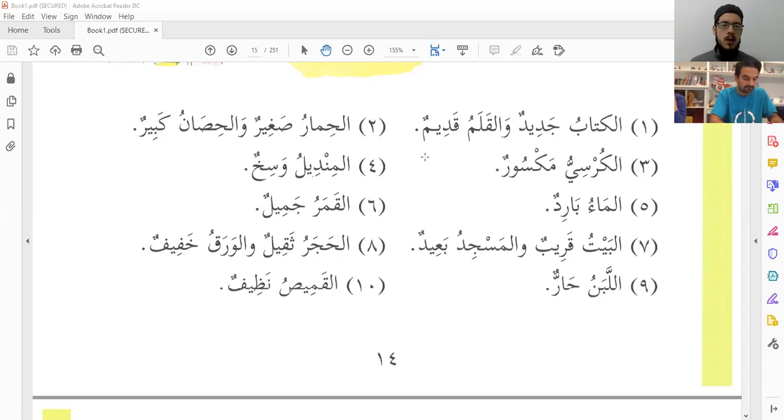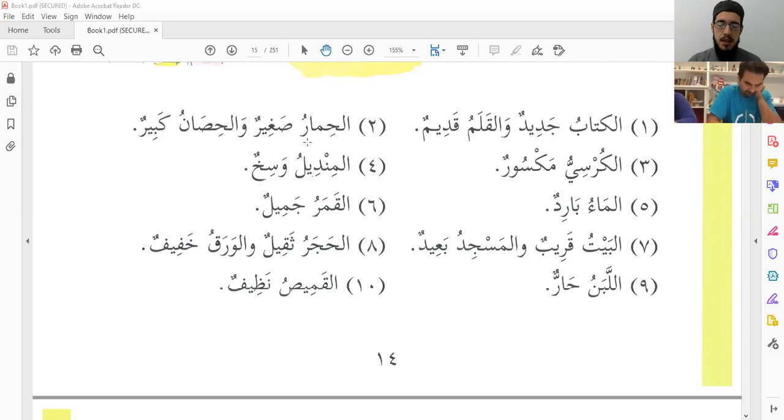And then we mentioned how there's other types of jumla ismiya, right? So we could, for example, begin our jumla ismiya with an ism, a common noun, right? So we introduced the alif lam at-ta'rif, putting alif lam before a common noun.